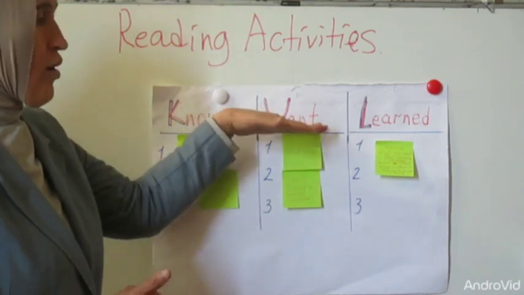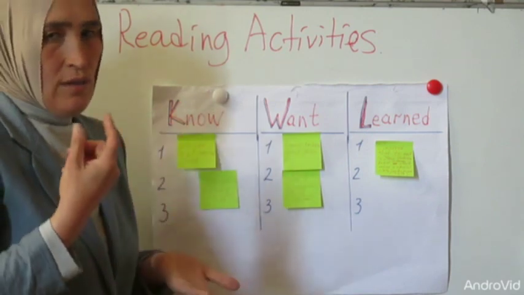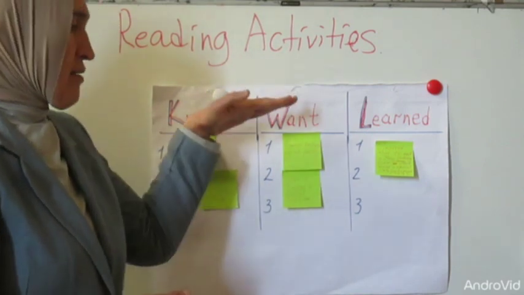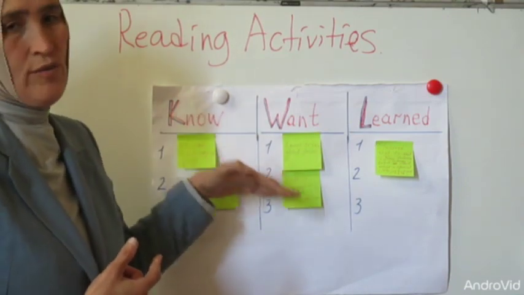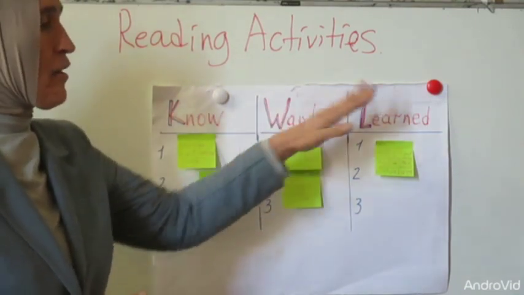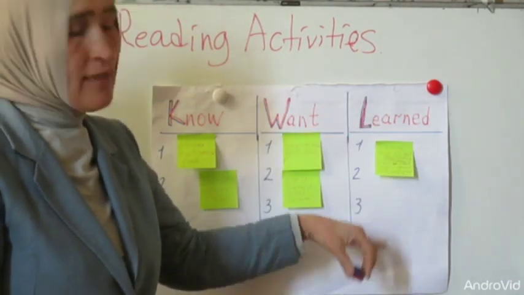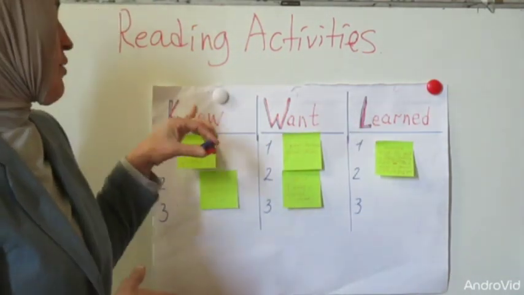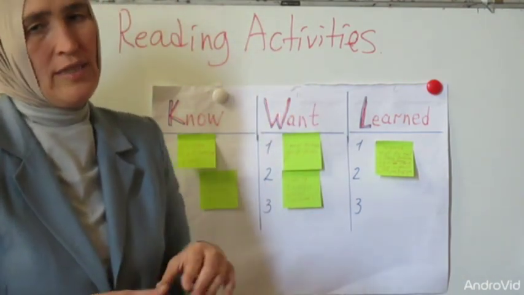The W part is what they want from the reading part. Here they should express what they want to learn from the reading. And the L part, learned, usually they fill in after reading a text. We can use KWL as a pre-activity and also a post-activity.